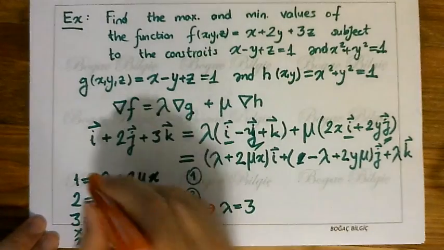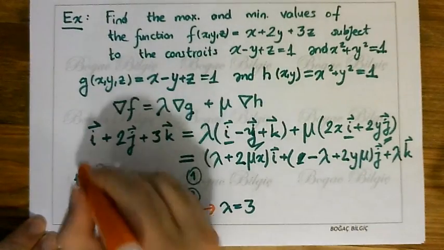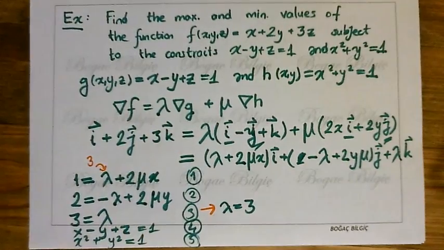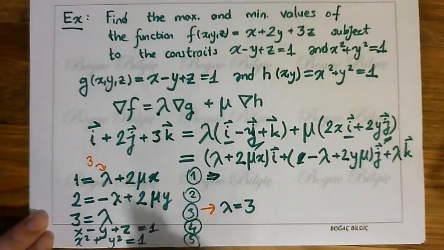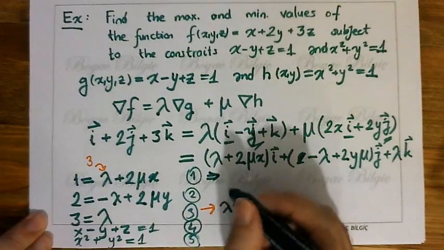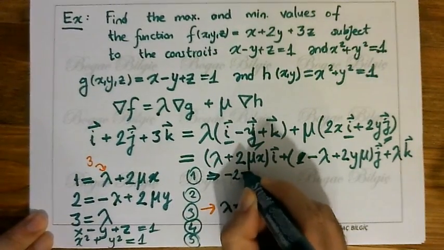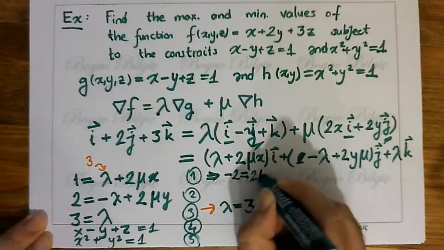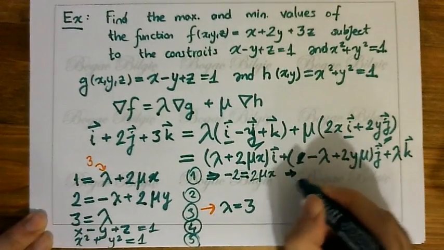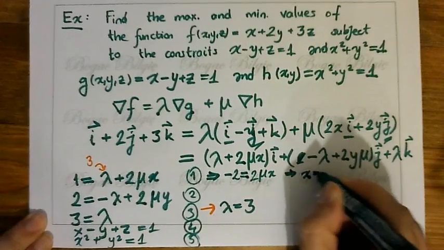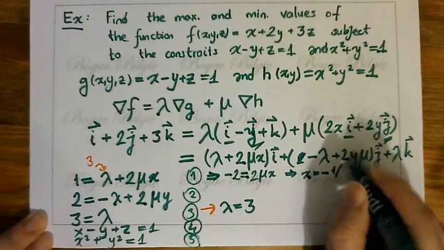We write this lambda is 3, so minus 2 is equal to 2 nu x, and x is minus 1 divided by nu.